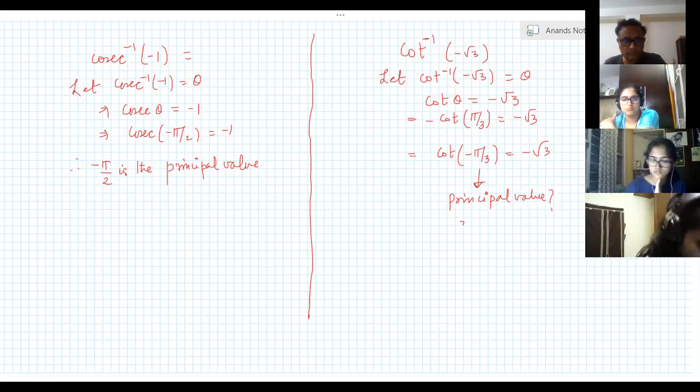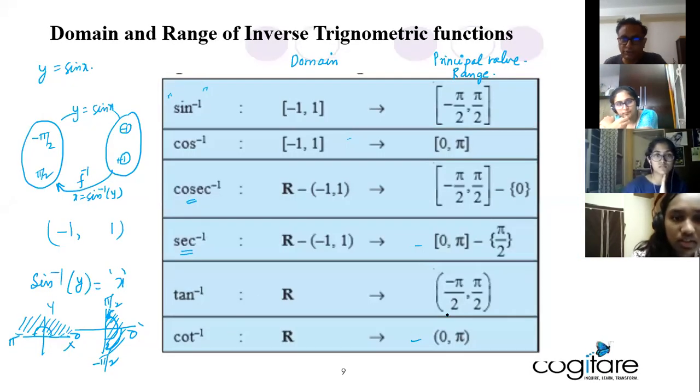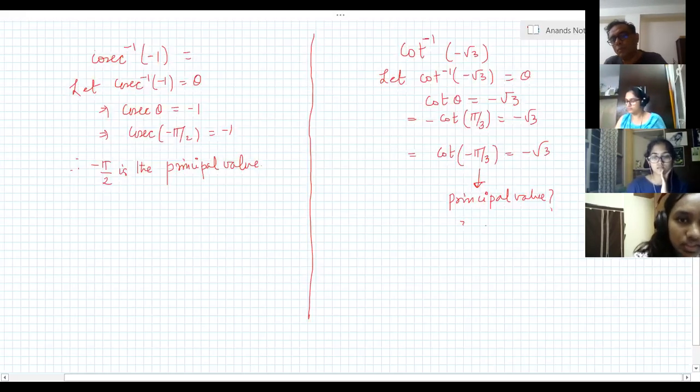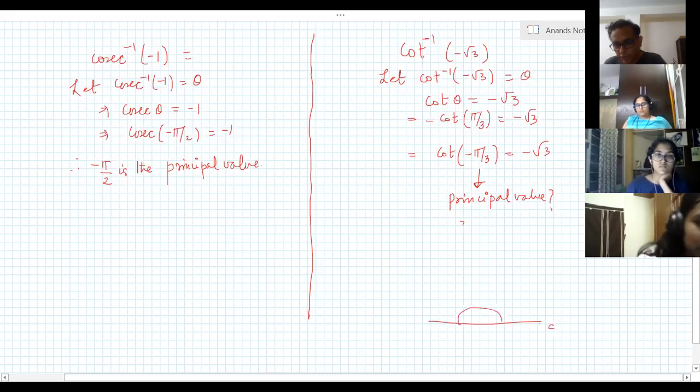Pi minus. Are you able to see this one? Hold on. Cot has to be from 0 to pi. It can be in the second quadrant. It has to be in the second quadrant only because that is what is cot.